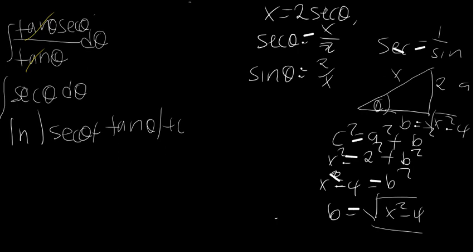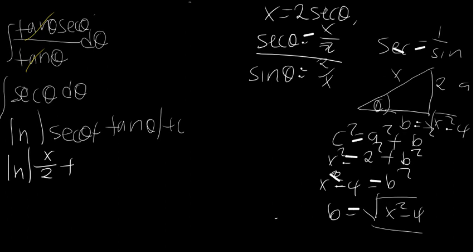Okay, now let's check. We already know that sine is 2 over x, so we're going to start replacing. It's going to be ln of sec. We already know that sec is x over 2. So we're going to put x over 2 plus tan. What is tan in this case?